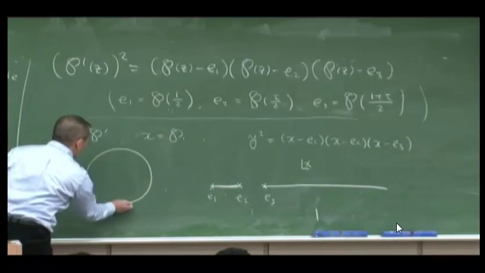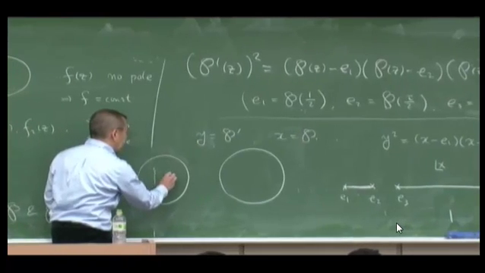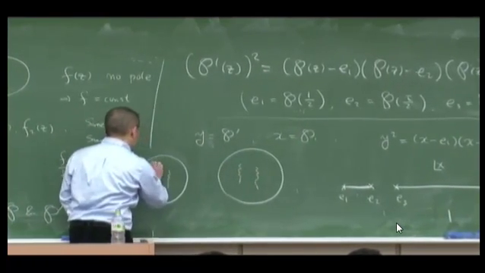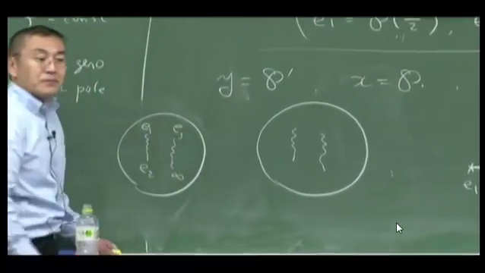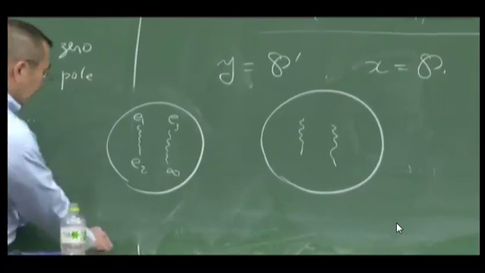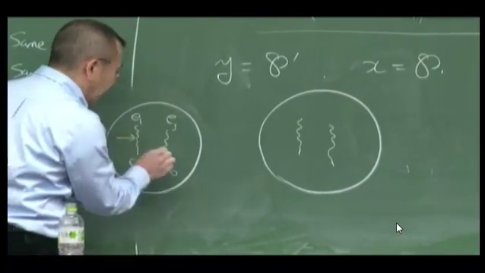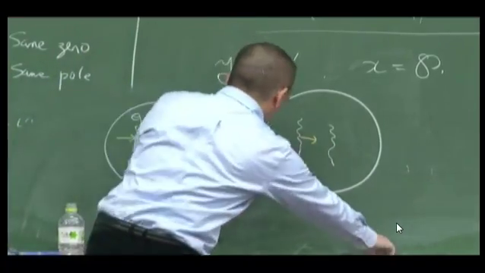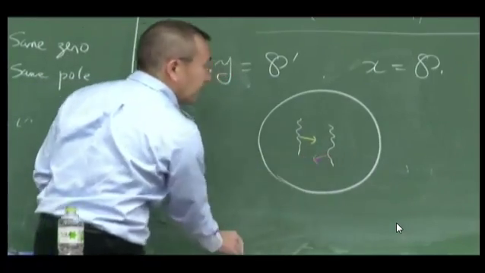So we have two copies of two-dimensional sphere with two branch cuts. This is E1, E2, E3, infinity. So since these are branch cuts, that means that if you come in this way, you will come out this way. And you can go backward too. If you go in this way, you will come out this way.